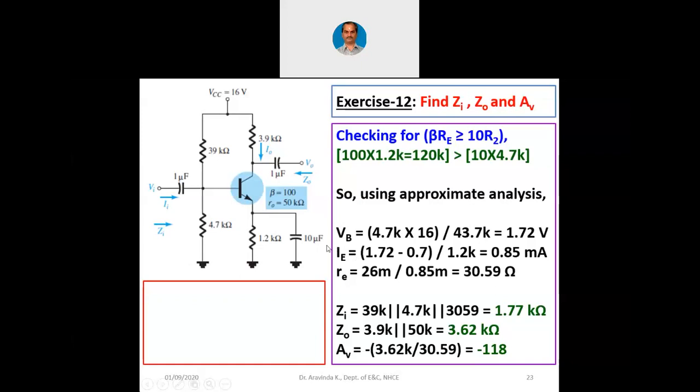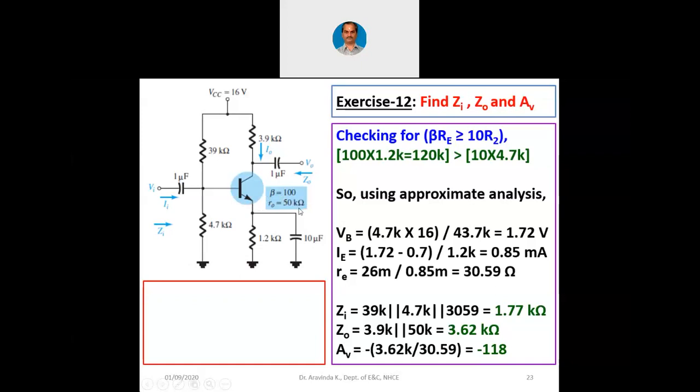Now, in some cases, the manufacturer may not give this R0 at all. Or even in the textbooks, when they give some exercises, they may not give this R0 at all. Imagine if R0 is not given, then how to solve the problem? If R0 is not given, then we should assume that R0 is infinity, because R0 cannot be 0.